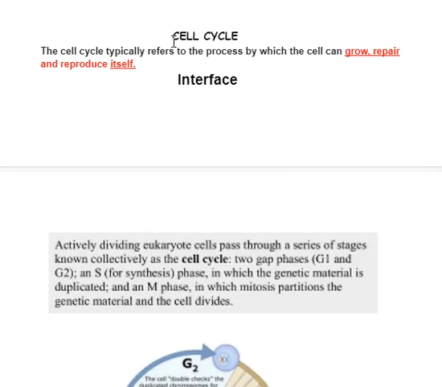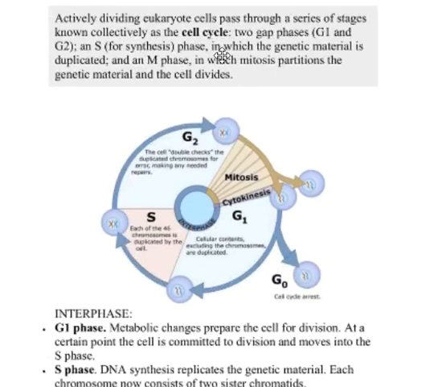So in order to grow, repair, and reproduce, we have to undergo the cell cycle in order to make two cells. Every cell cycle consists of interphase, which includes G1, S, and G2, and M phase, which consists of several steps.